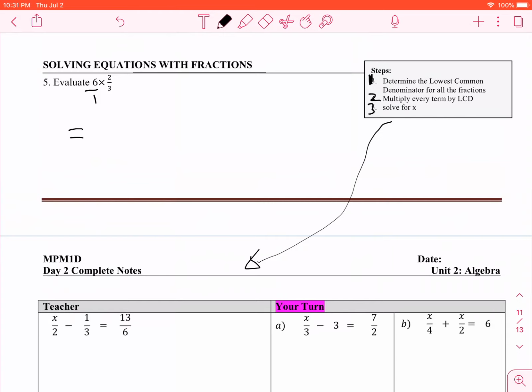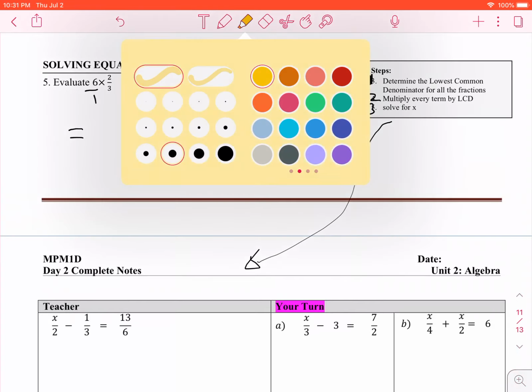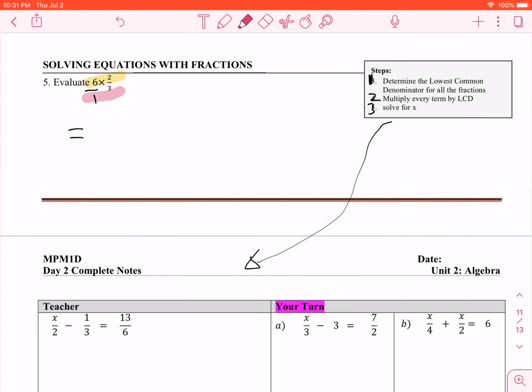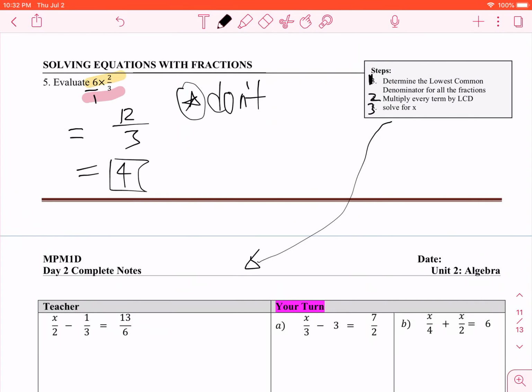So if we were to multiply numerator, numerator, denominator, denominator, we would actually have 12 over 3, which is equal to 4. Okay, so in this one you don't need a common denominator. And the reason why you don't need a common denominator is because you're multiplying.